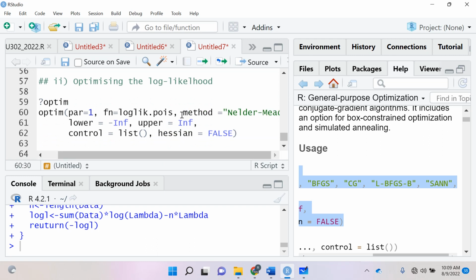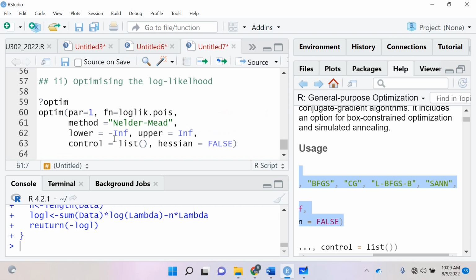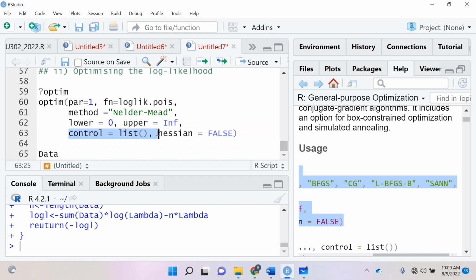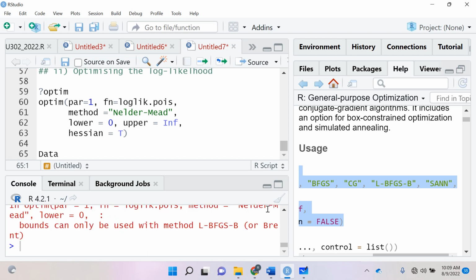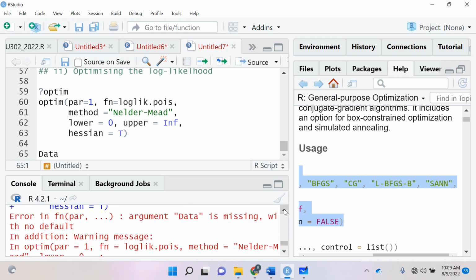Okay, the method I have said, and I have provided this as 0, this as infinity. Control, it can be Hessian matrix maybe true. So let's see. Okay. So it tells us error in argument data.